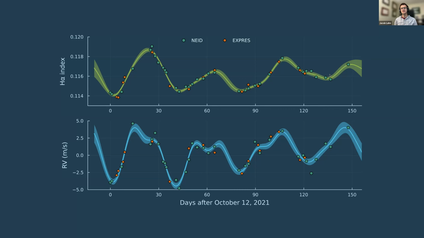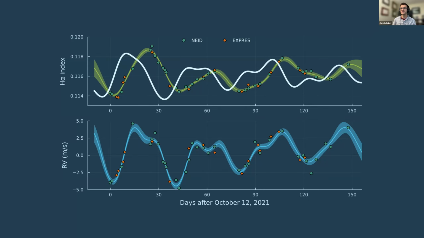And so as an exercise, I was interested in looking at this perhaps better constrained H alpha independent fit, using that to determine the convective and rotational components, or in essence, what is the derivative of this green line, and how might that add together with the green line to produce RVs, and something that tracks what we're seeing.